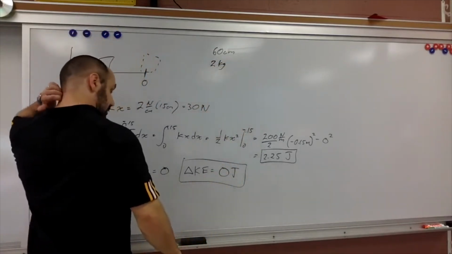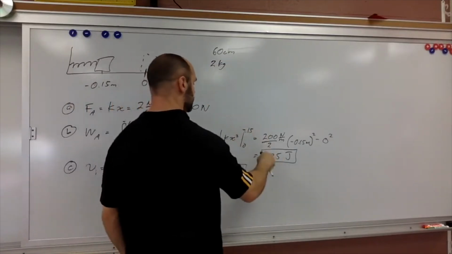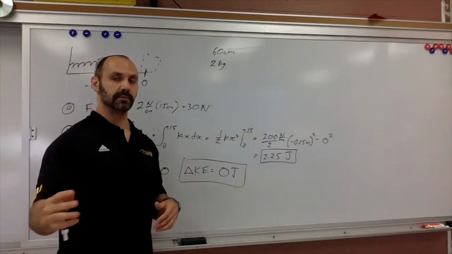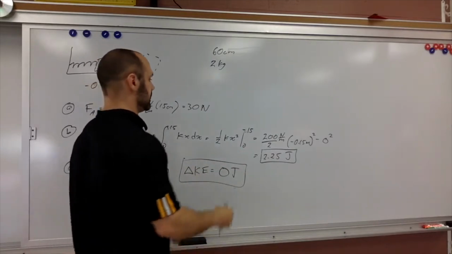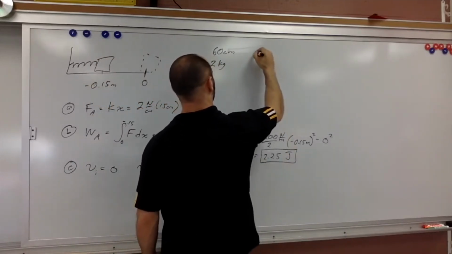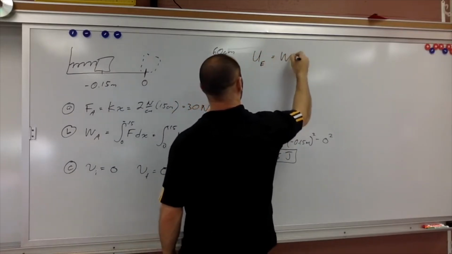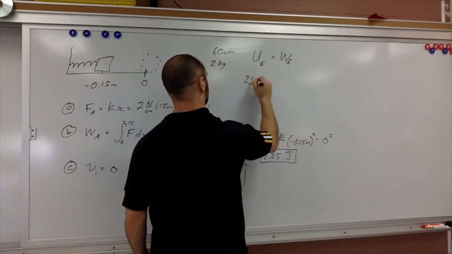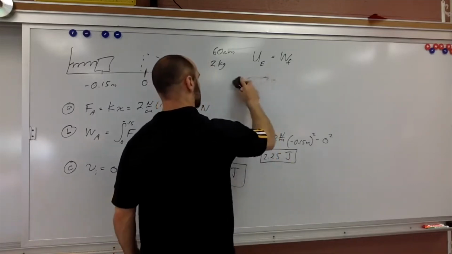Okay, so I know it has this much energy, 2.25 joules, to start with. That means that by the time it comes to a stop, it has used up 2.25 joules of energy. And so the elastic potential energy it has here, UE, is equal to the work that's done by friction. So this is 2.25 joules.